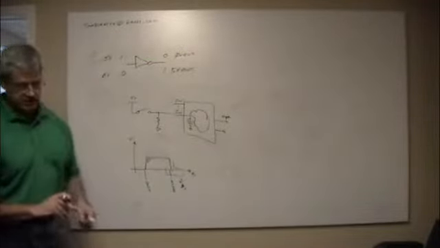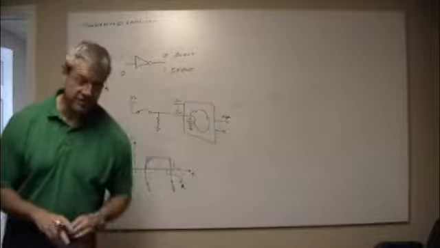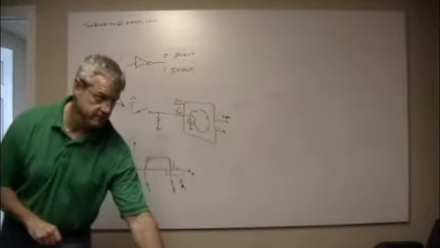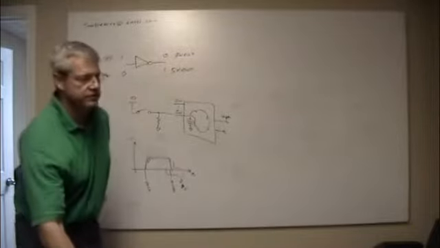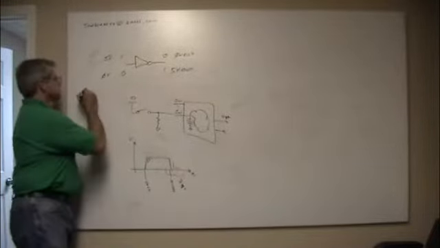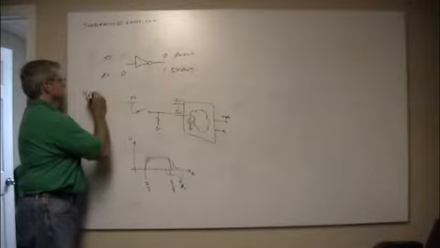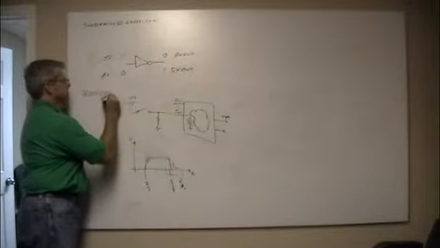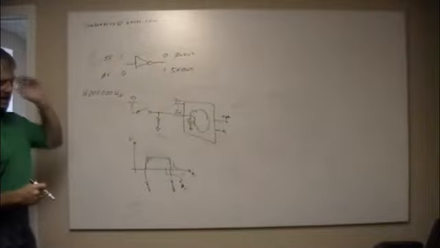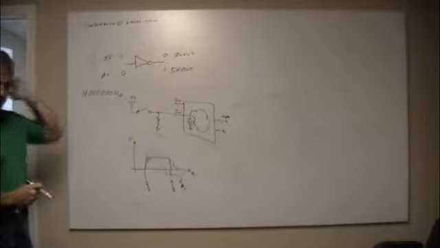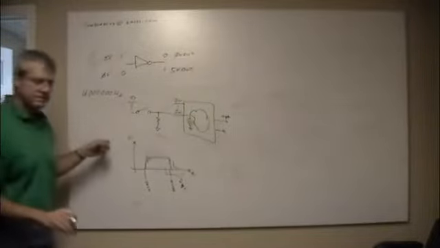If I've got a processor, I think the standard Arduino Uno runs at 16 megahertz. That means that its clock is telling things to happen 16 million times a second.